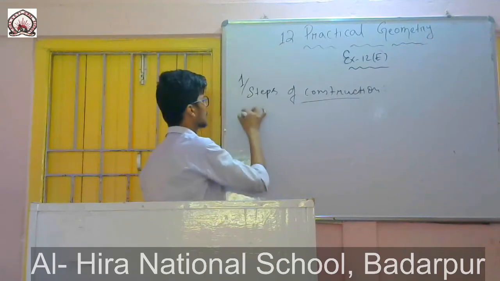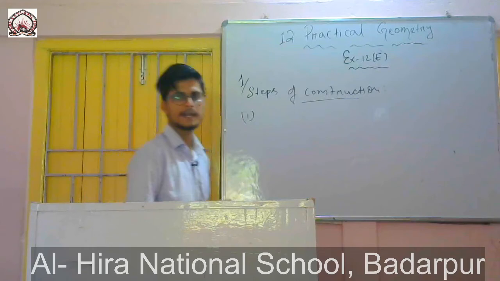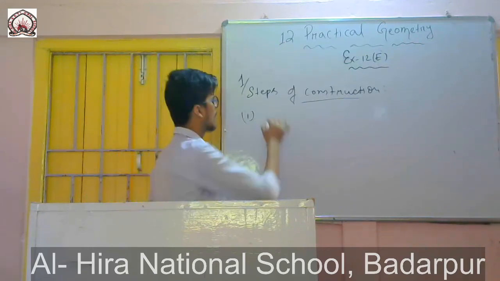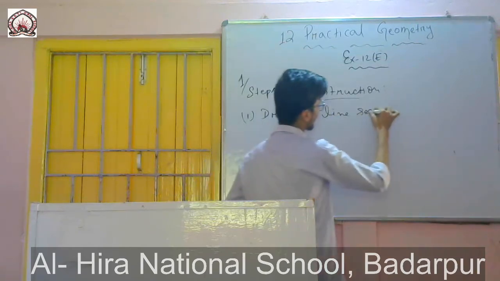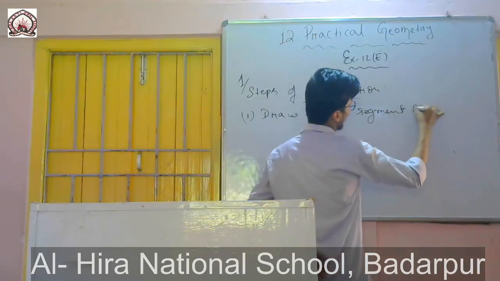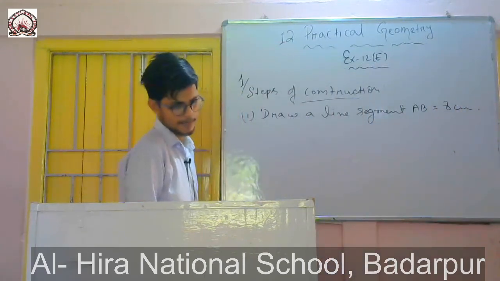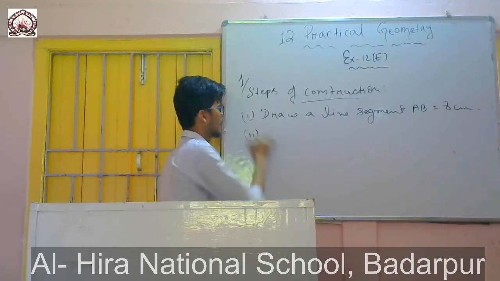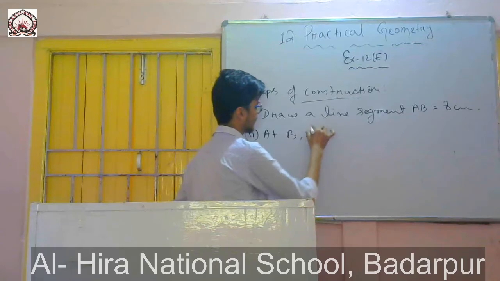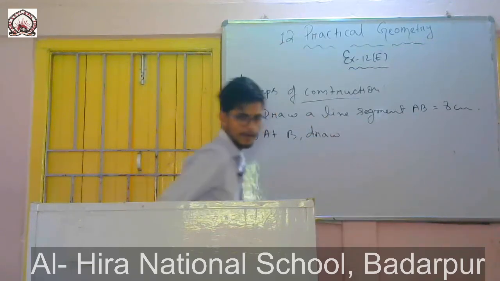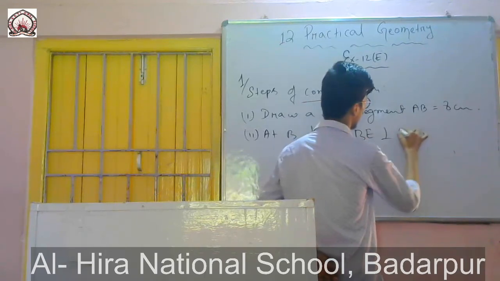Steps of construction. First of all, what we did, we drew a line segment AB of length 8 centimeter. So I will write: draw a line segment AB equals to 8 centimeter. Now at B draw BE perpendicular to AB.